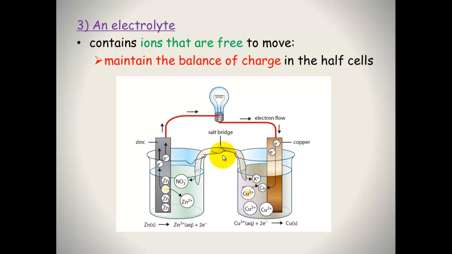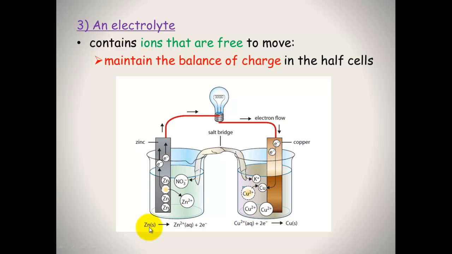On the other hand, on this side, copper in solution is forming copper solid, so you're losing positive charge from this solution. So the positive ion in the salt bridge, which in this case is potassium, will enter this solution to replace the copper that's being lost. So basically the salt bridge is just there to balance out the charges in the electrolytes.